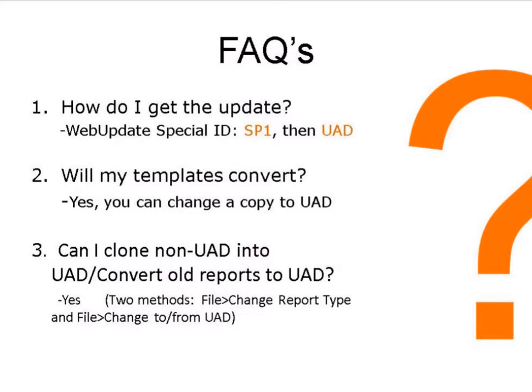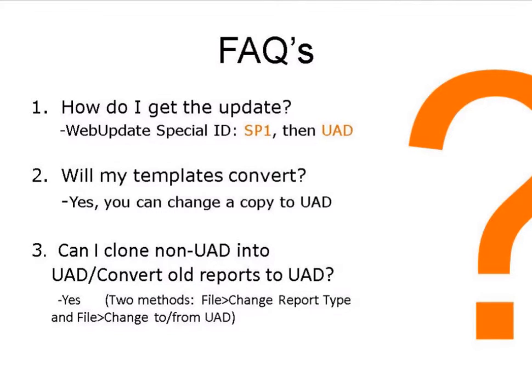Number 3 is, can I clone a non-UAD or convert an old report to UAD? Absolutely. There are 2 methods, file change report type and file change to from UAD. The file change report type is probably the more solid option, and that would be how you'd want to change a copy of your templates and your clone file sources into the new UAD report packs.